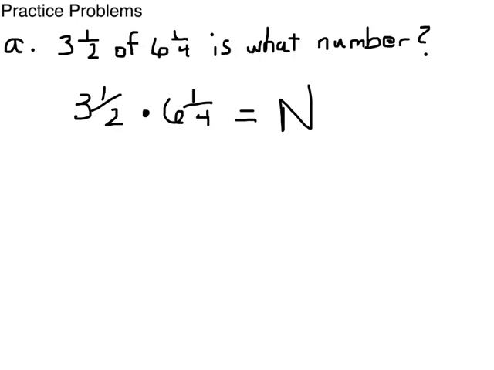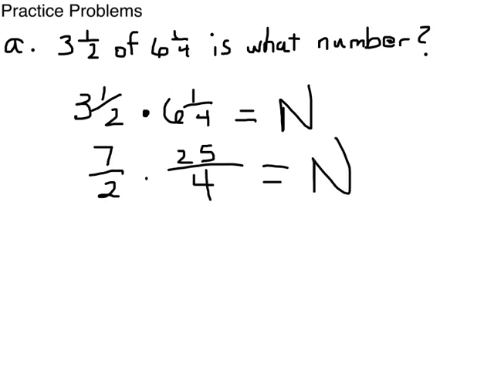So 7/2 times 25/4 equals n. I can't really cross cancel, so 25 times 7 is 175/8 equals n.